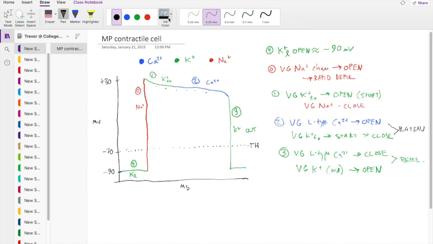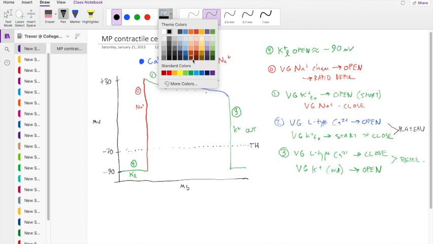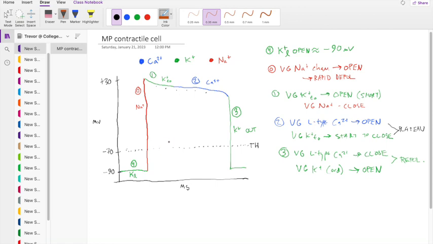The very last thing I want to point out here, let's do a new color, how about some orange, is that if we were to plot a contraction of a contractile cell on this same figure, we would have different axes, but it would look something like this. So that plateau corresponds kind of to the length of a contraction.